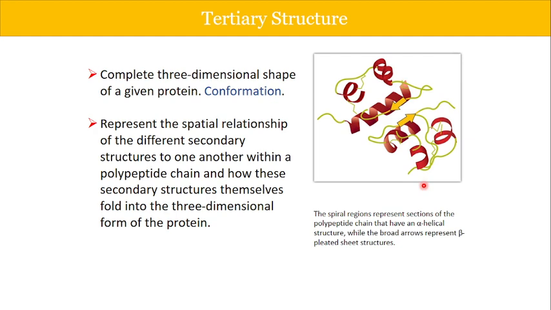Now coming to the next one, which is the tertiary structure. It gives a complete idea of the three-dimensional shape of the protein, and it is important for determining the conformation of the protein. It represents the spatial relationship of the different secondary structures to one another within a polypeptide chain, and how these secondary structures arrange themselves in the three-dimensional form of the protein.